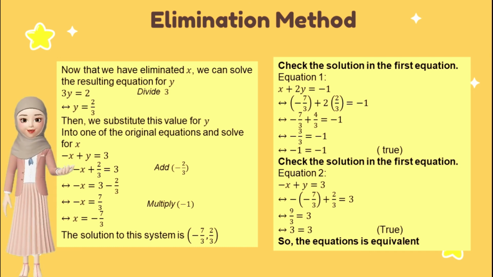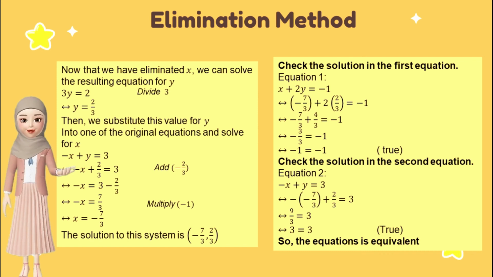So we get minus 7 over 3 plus 4 over 3 equals minus 1, and minus 3 over 3 equals minus 1. So we get minus 1 equals minus 1, which is true.